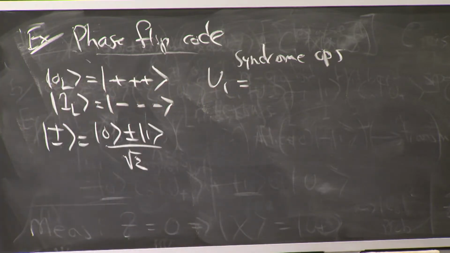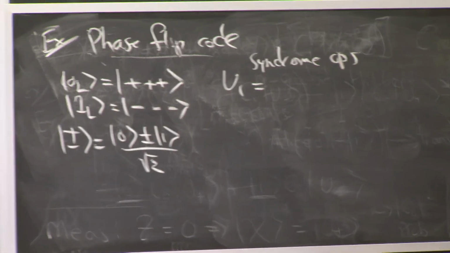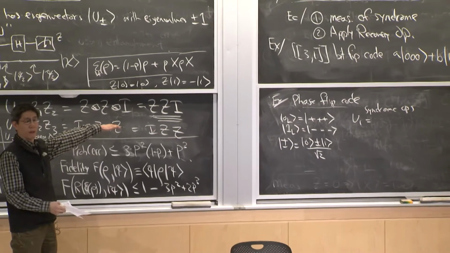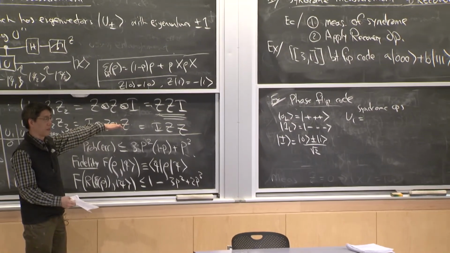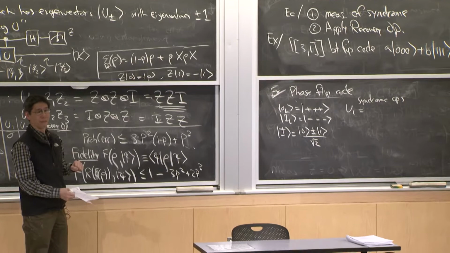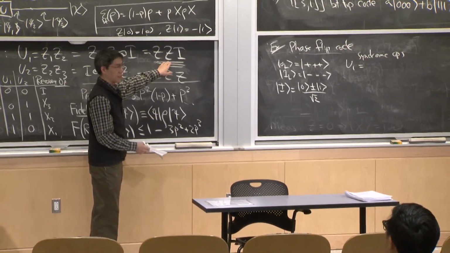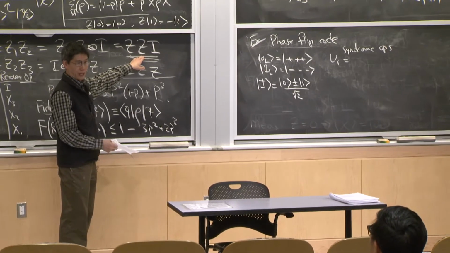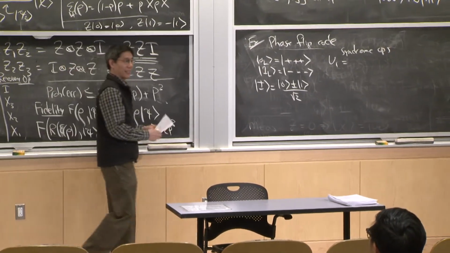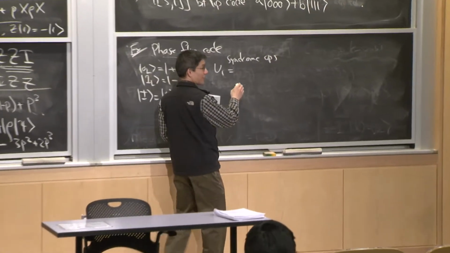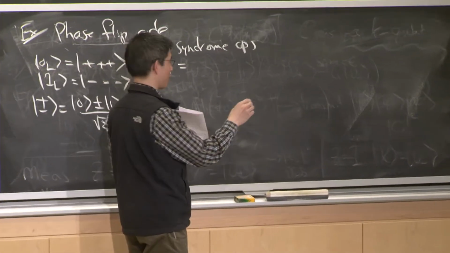are easy to figure out directly from the bit flip code, because remember, all we did to get to the phase flip code was to apply a Hadamard operator. So if we apply a Hadamard to a Z operator here, so we conjugate H, what do we get? X. That's right.